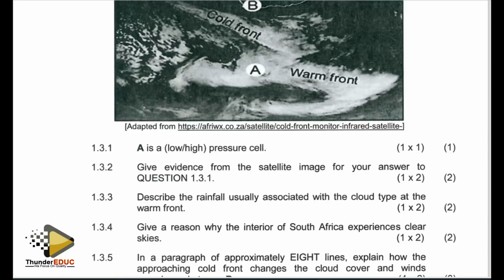As the cold front approaches, the clouds will thicken. They will become thicker and more extensive. You need to say they will cover a wider area. And we'll have instances of towering cumulonimbus clouds developing over that area with the approaching of the cold front. That is basically the cloud changes.